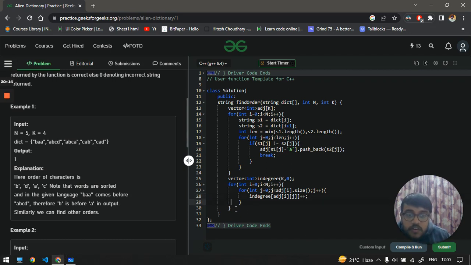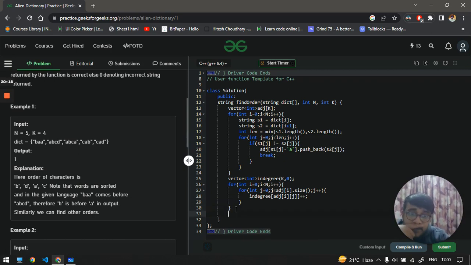So after this, now the in degree is ready. Now I will make a queue, as I told, and I will push the vertices which have in degree 0 into it.